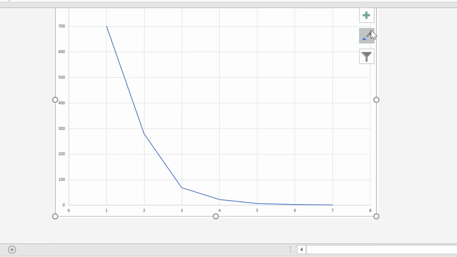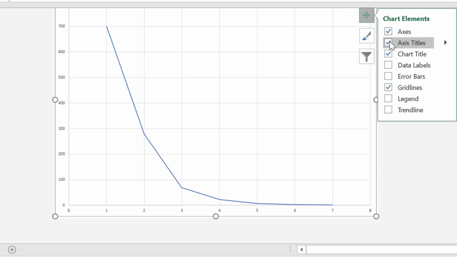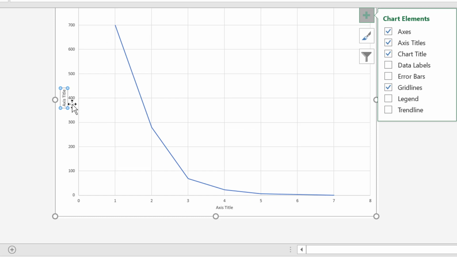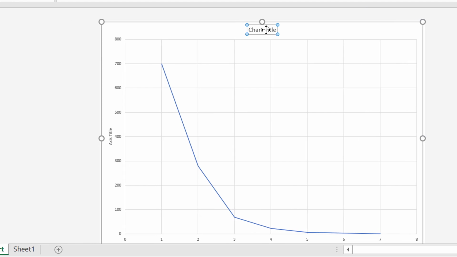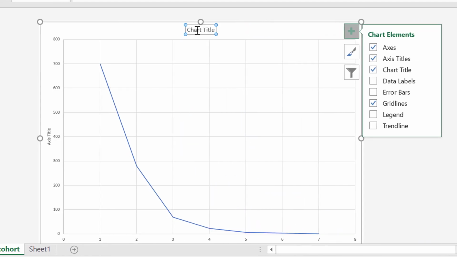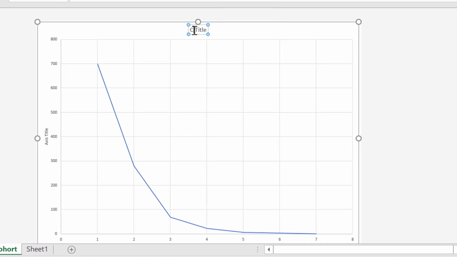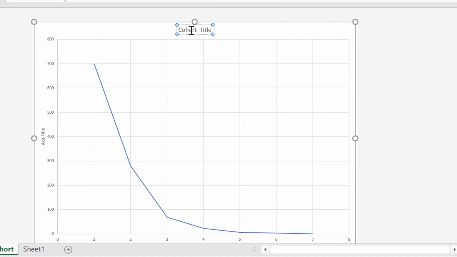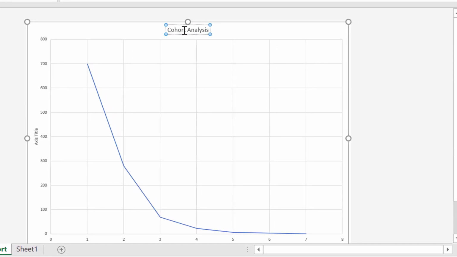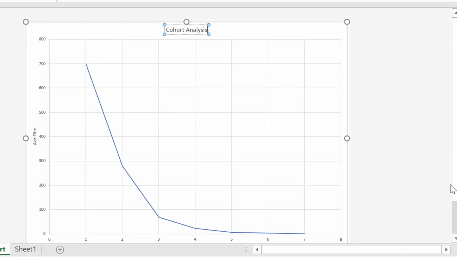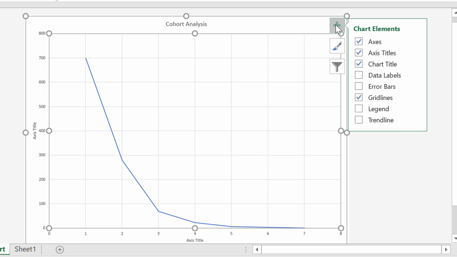You can see, in case I click on the plus sign, you can see the x-axis title. You can give it a title, and obviously I'll name it as cohort analysis. And you can see the graph coming over here is the one that is matching.